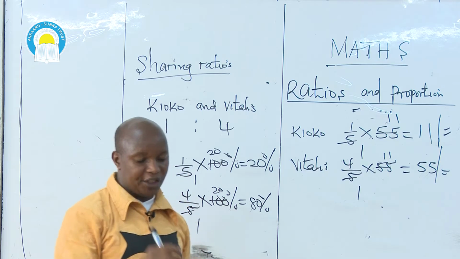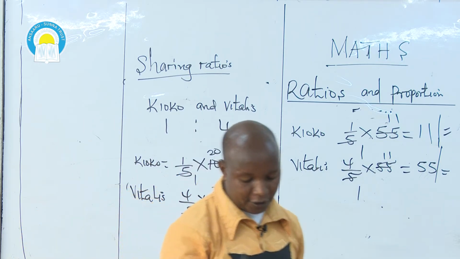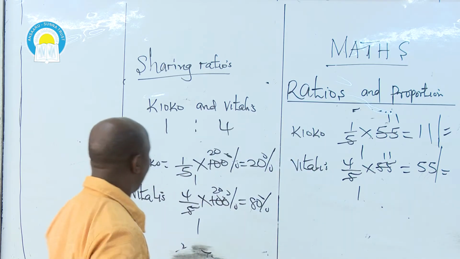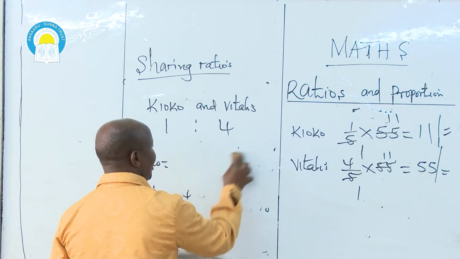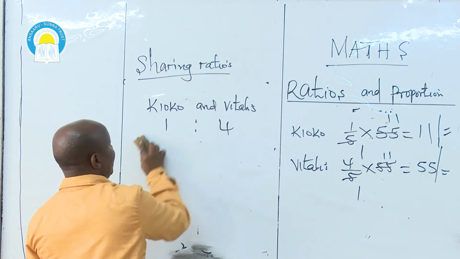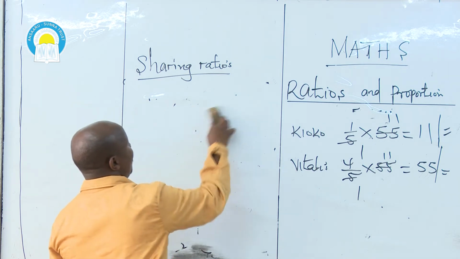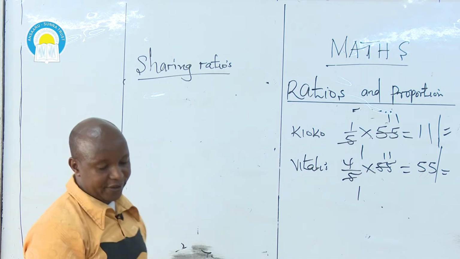Another example on sharing ratios. Juma and Marian shared 350 in the ratio 3:4. Class, you can start sharing whatever you have with your friends in a certain ratio.